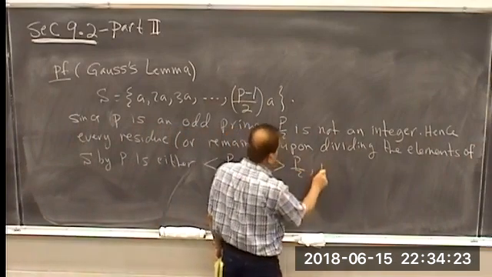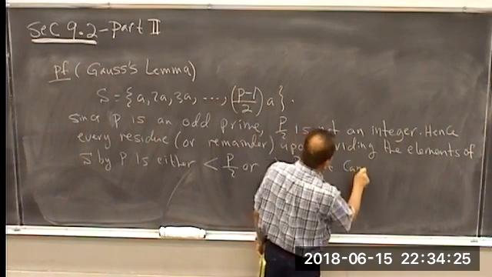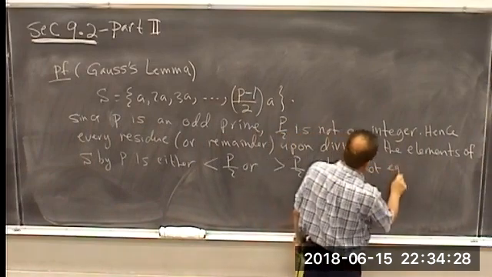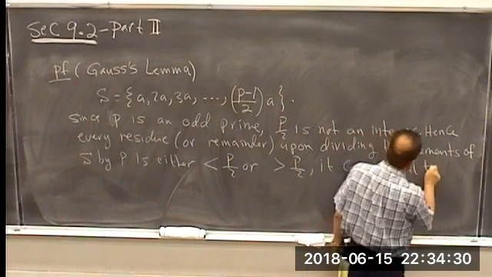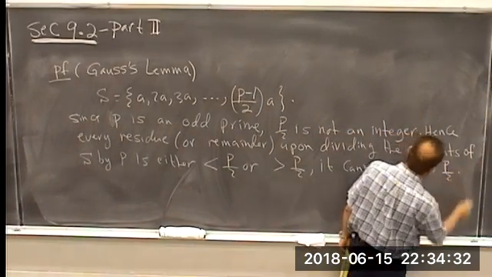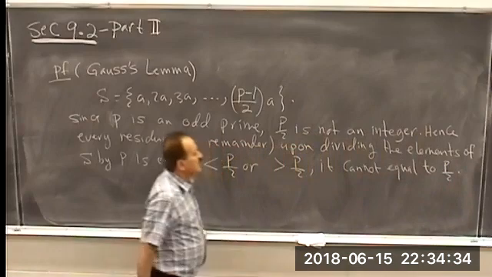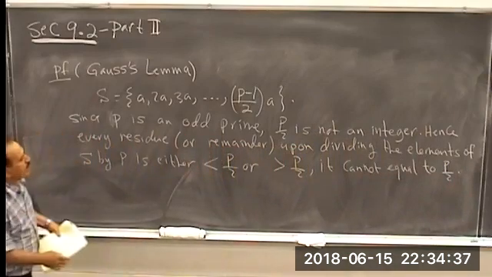It cannot equal p over 2, because it's not an integer. Always the remainders are integers.